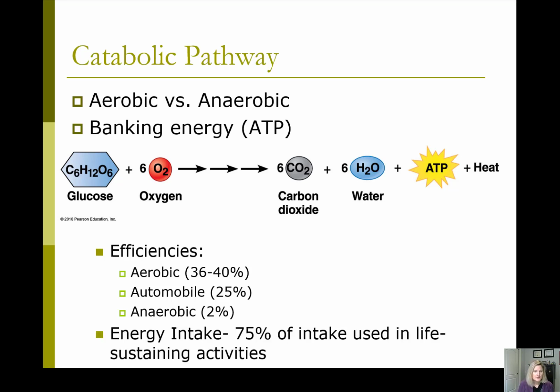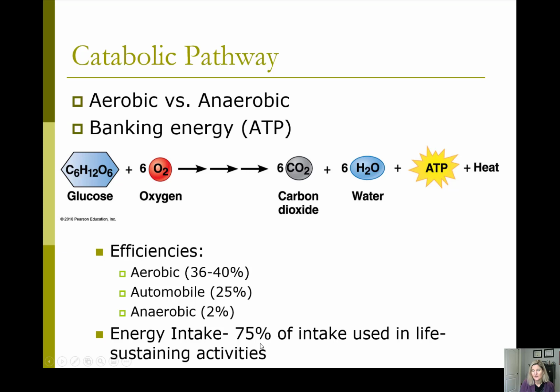All right, energy intake: 75% of intake is used in life-sustaining activities. Basically you're taking in that energy in the form of chemicals and converting it into ATP, and about 75% of it is used to maintain our life-sustaining activities.